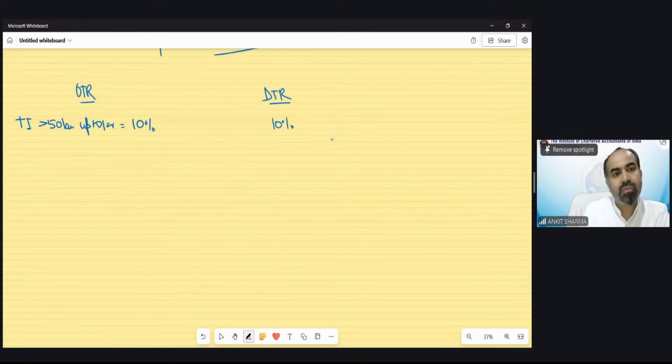If it exceeds 1 crore and is up to 2 crore, the surcharge rate would be 15%, same.